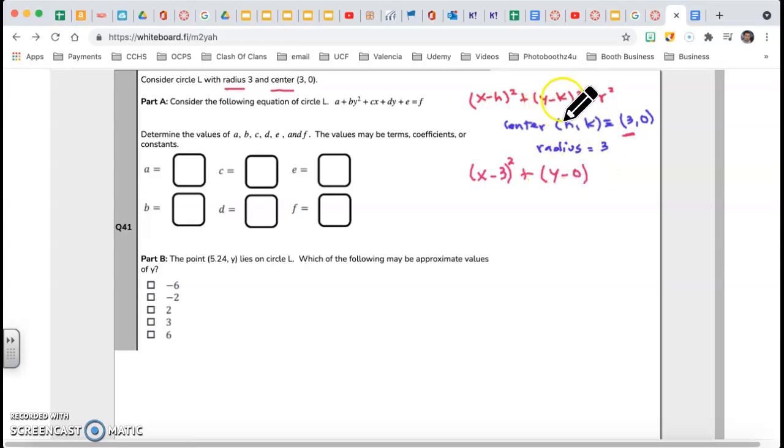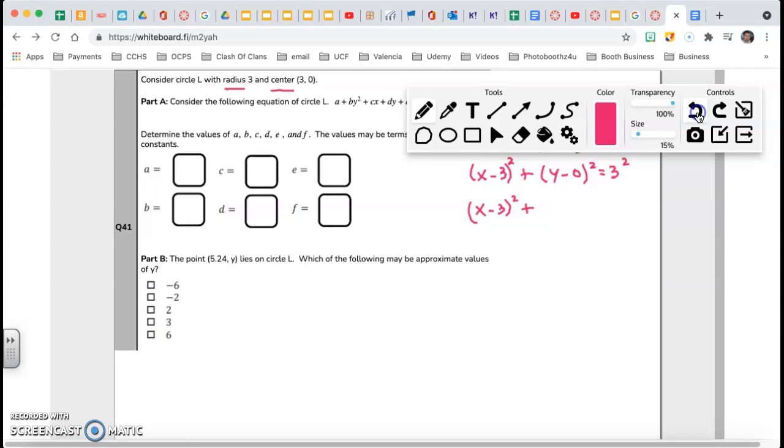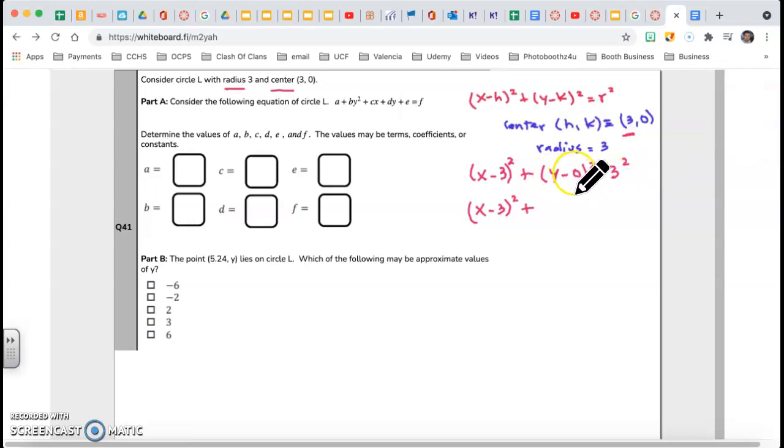So you put y minus 0 to the second power equals r squared. r is 3, so it's 3 squared. So I have (x minus 3) to the second power plus y minus 0. y minus 0 is y, so I don't need to write that parenthesis, by the way. So y squared, and 3 squared is 9.